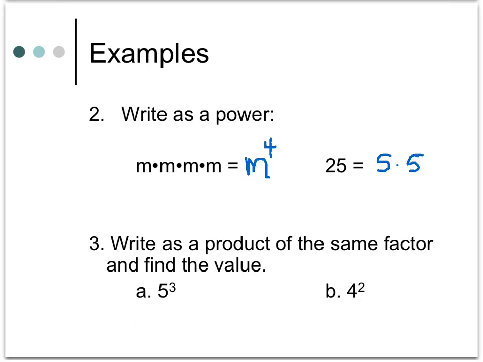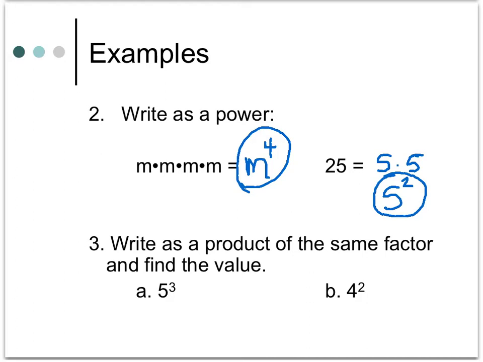So there's my repeated multiplication. So now I can write the power based on this multiplication, because I know that 5 times 5 would be 5 to the second power if I were to write the exponent. So you'll see all these different formats throughout what you're going to be doing in your homework tonight.